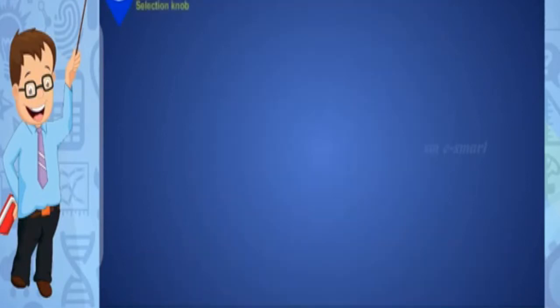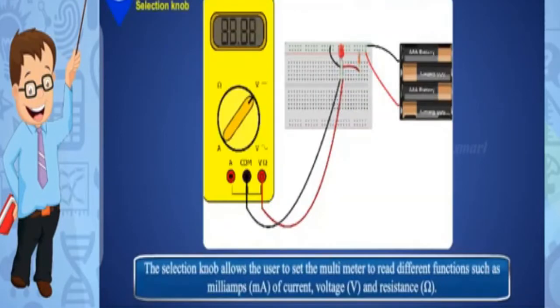Selection knob: the selection knob allows the user to set the multimeter to read different functions such as current in milliamps denoted by mA, voltage denoted by V, and resistance denoted by ohm.